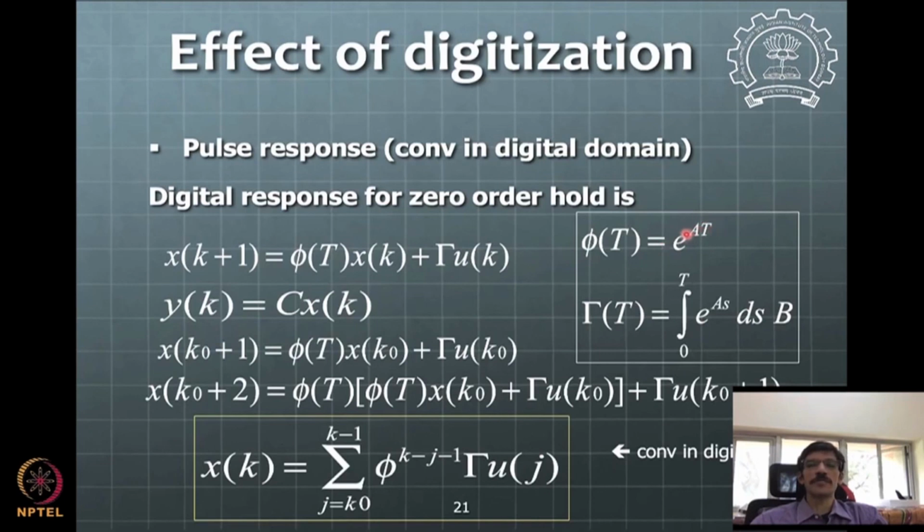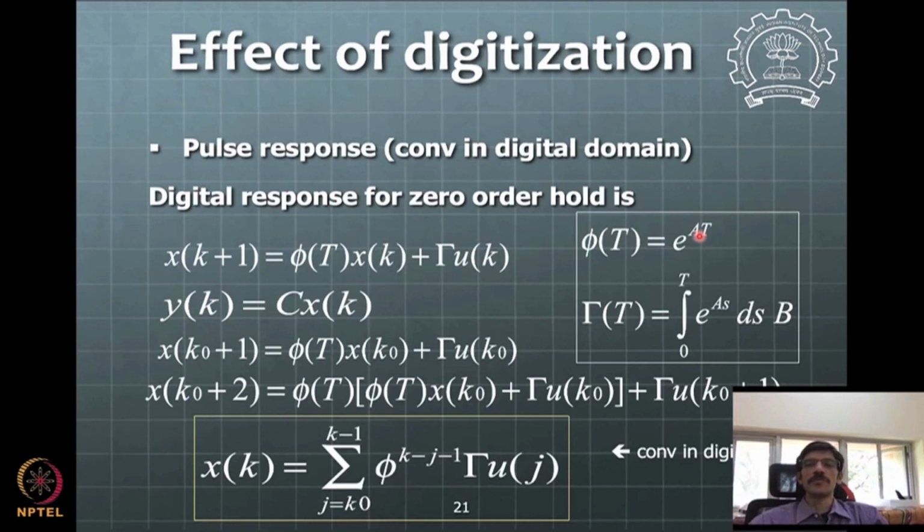The eigenvalue of A is nothing but a pole, so e to the power pole times T is going to be the new pole for the discrete domain system. The pole for a discrete domain system is e to the power the pole for the continuous domain system times the sampling time T. That is the basic nature here.